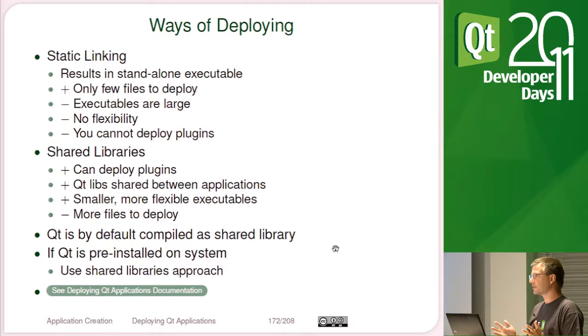If you're using standard or static linking, then everything is compiled into a monolithic binary, which you just have to deploy. So you have only a few files, but they can be extremely large and extremely inflexible.